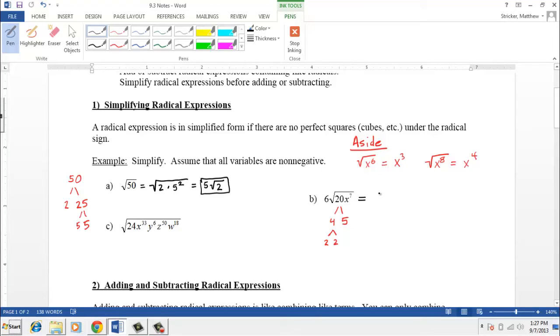So we could rewrite the 20 as 2 squared times 5. And then we could rewrite the x to the 7th as x to the 6th times an extra x. There's still 7 x's there.